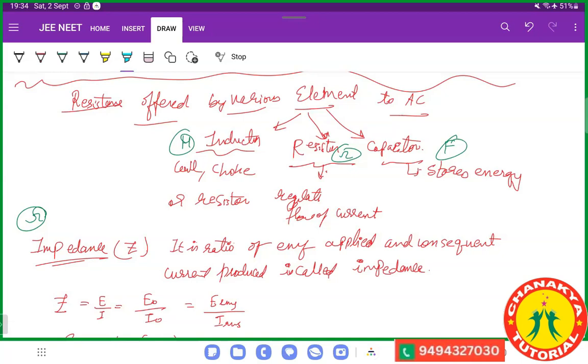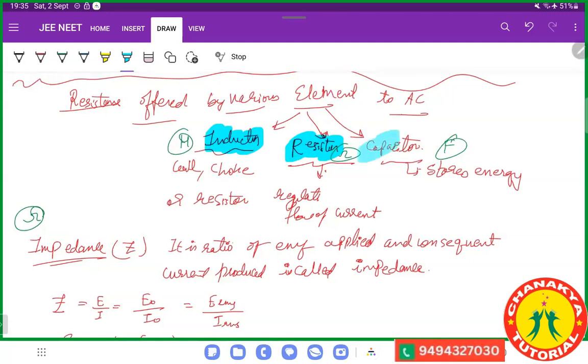So all three have resistance, in different types: inductor, resistor, and capacitor. The unit of inductor is henry, the unit of resistor is ohm, and the unit of capacitor is farad, F.